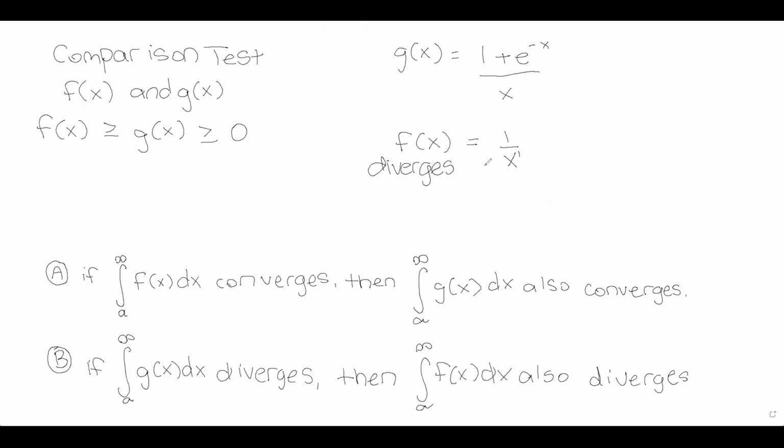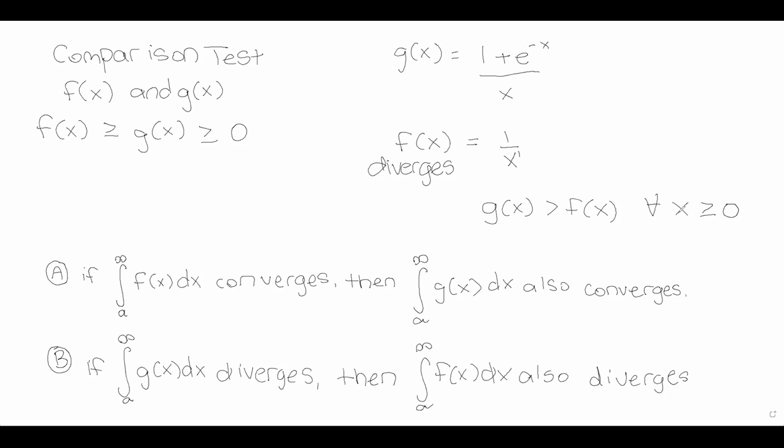So let's take a look at the information we have. So we know f of x diverges, and we also know that g of x is greater than f of x for all x that is greater than or equal to 0. And I don't know if you guys are familiar with set builder notation. This is just part of set notation. This means for all x.